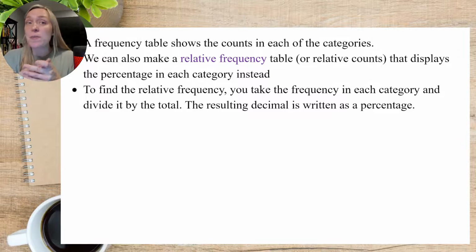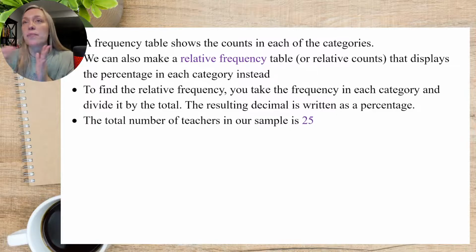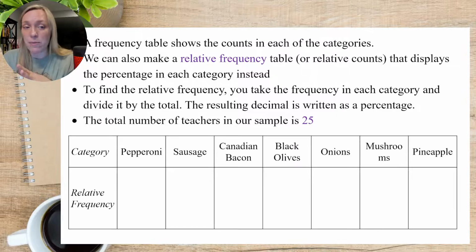So to find the relative frequency, you take the frequency in the category that we just found, so like 7 teachers like pepperoni, right? And we divide it by the total number of individuals in our sample. So in our case, we had 25 teachers in our sample that we took.